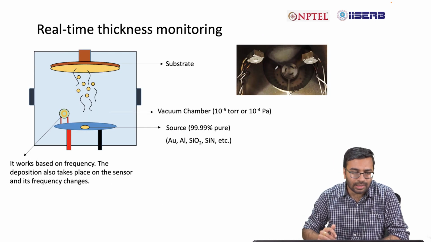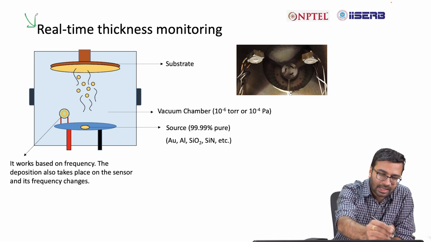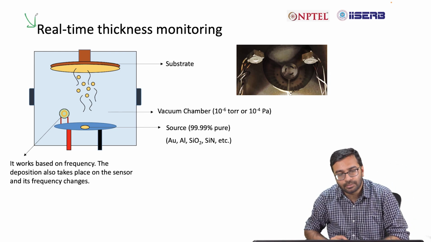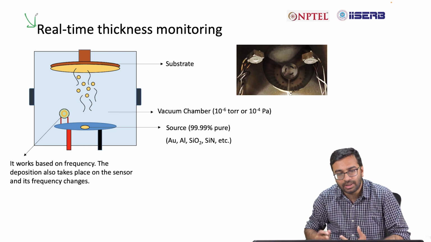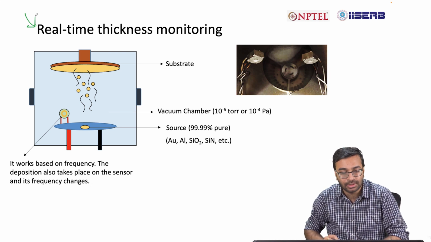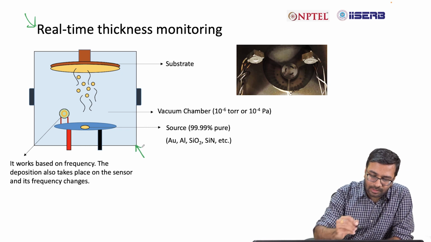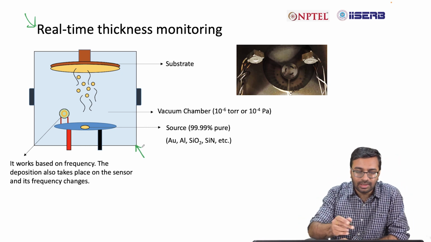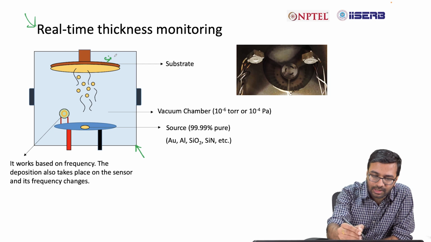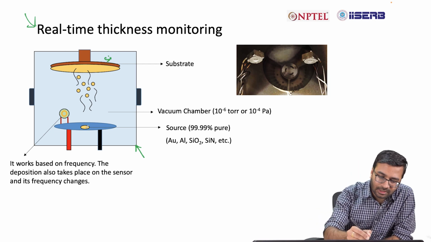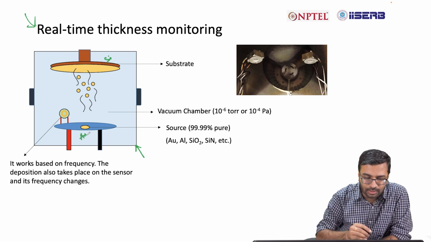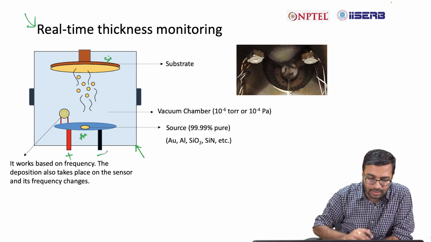So, here again I am showing you what is the real time thickness monitoring, how it helps us in the process. So, in this case, for example, say this is the vacuum chamber, here is your substrate. For example, here you can consider silicon, say the source material is gold, you are using resistive heating.